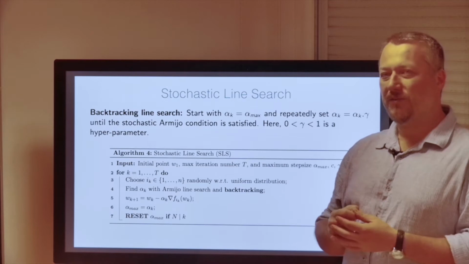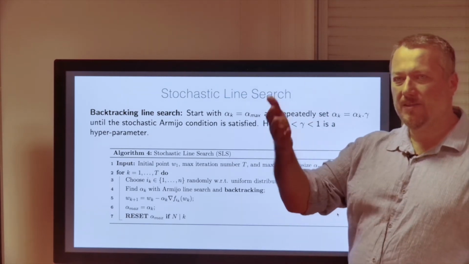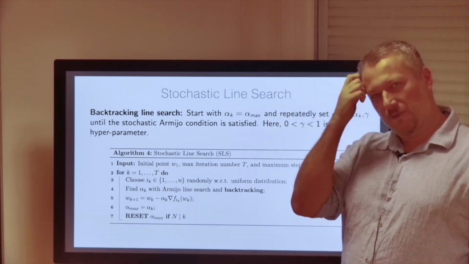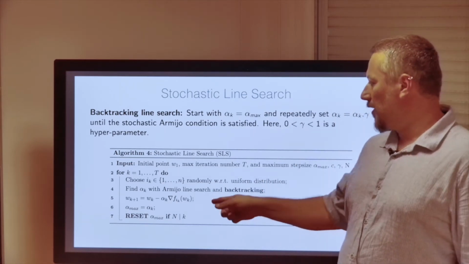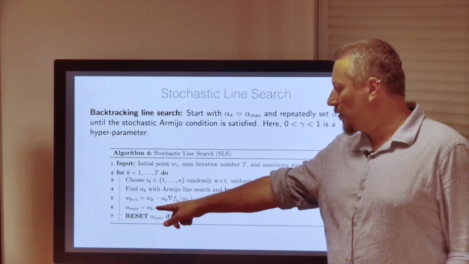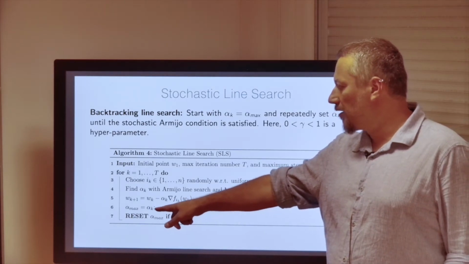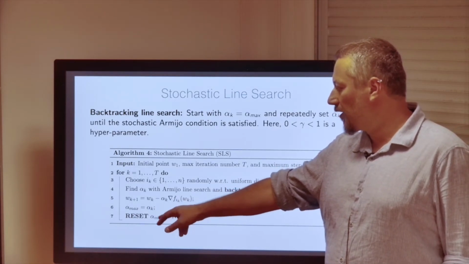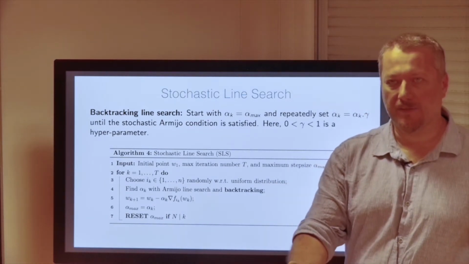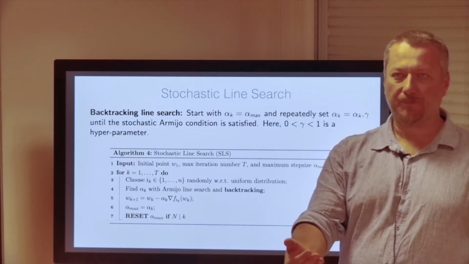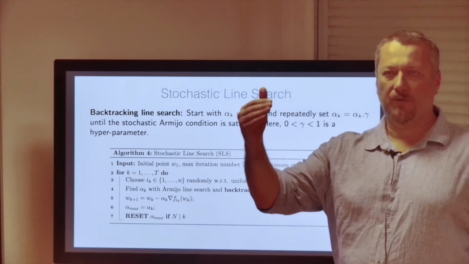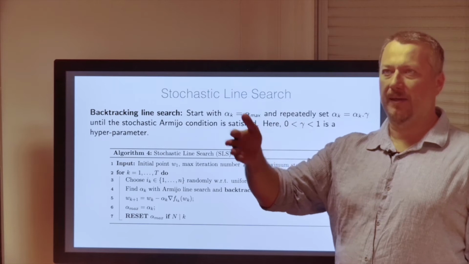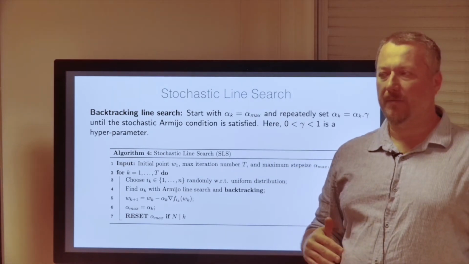So instead of starting from alpha max each time, what would make the algorithm run faster is to update your alpha max by setting it equal to the alpha k that you found in the previous step, and you start from there. And then you don't have to diminish the alpha k again and again with many iterations.